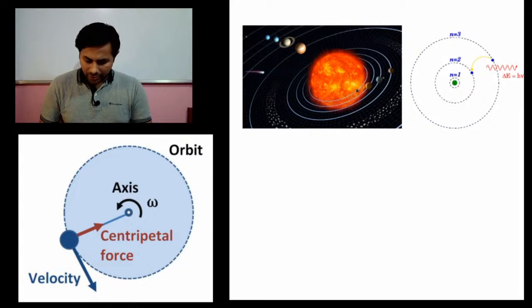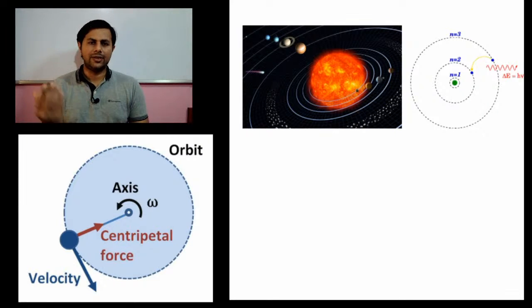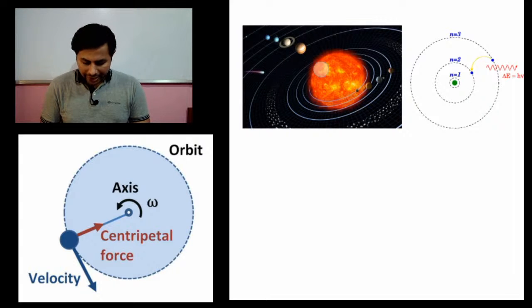For planets revolving around the sun in, let's say, circular orbits, the orbits are actually elliptical, but for simplicity let's say they are circular. The centripetal force is provided by the gravitational force exerted by the sun, which pulls them along the radius and toward the center.